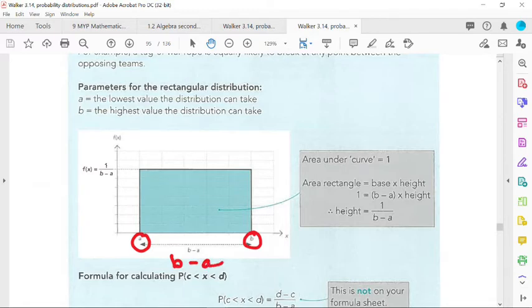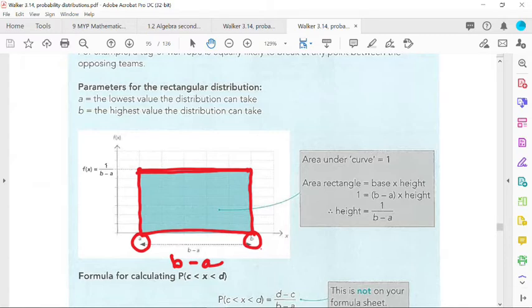So the lesser one from the largest one. So we take B minus A. Yes? Now, that gives us our nice rectangular distribution. Okay? So if this thing is the same height all the way across, that means that the probability underneath it never changes. It's continuous throughout.